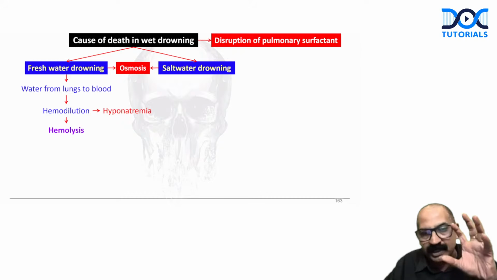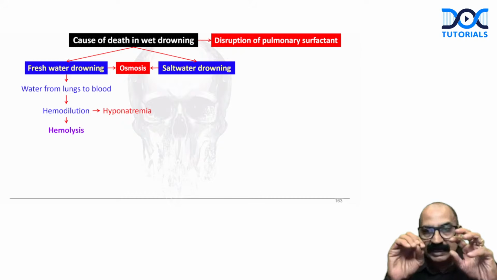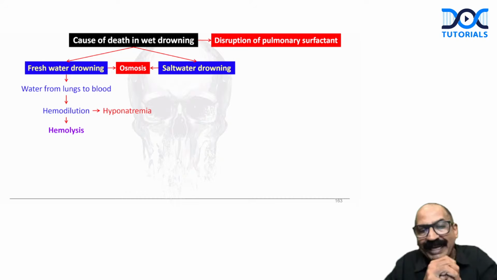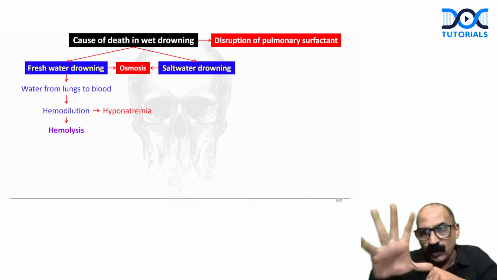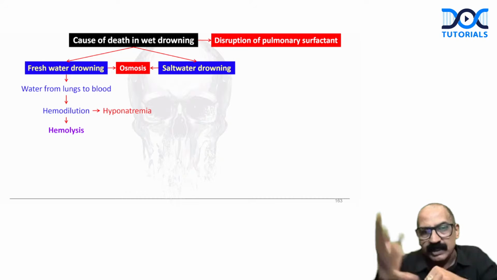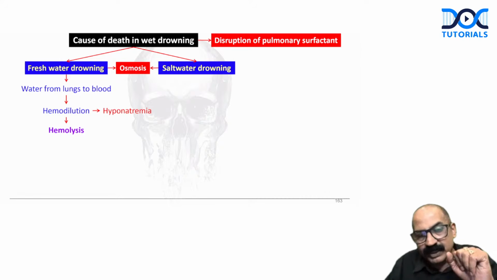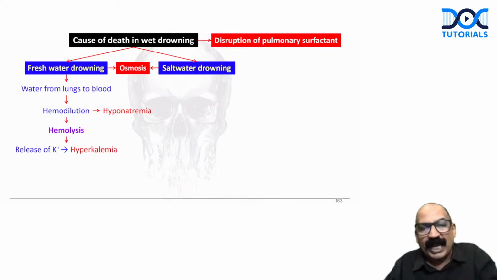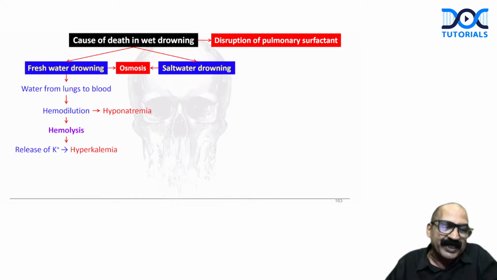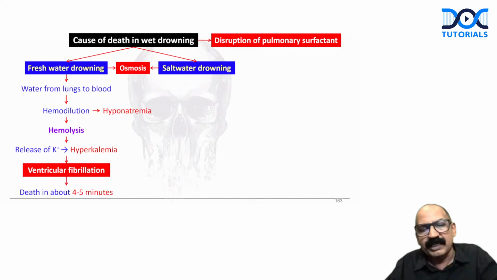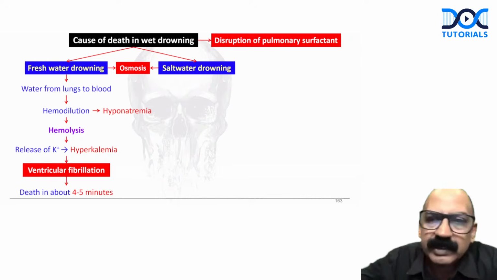Meantime, the RBCs get swollen and rupture, giving rise to hemolysis. RBCs contain potassium, which is released, giving rise to hyperkalemia, which precipitates ventricular fibrillation, and the person dies in about 4 to 5 minutes.